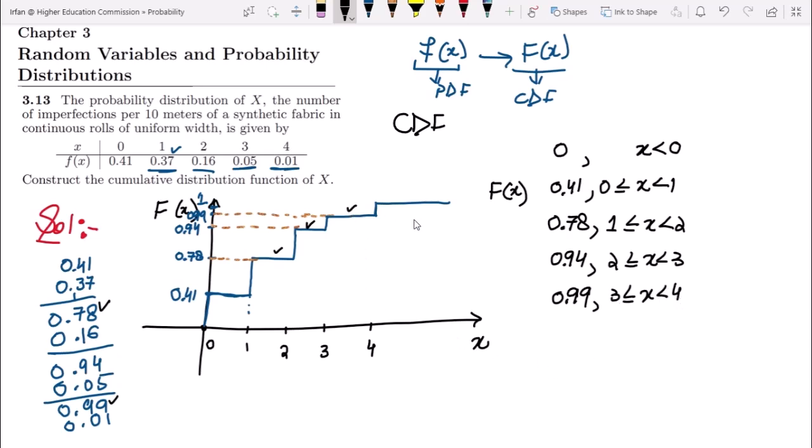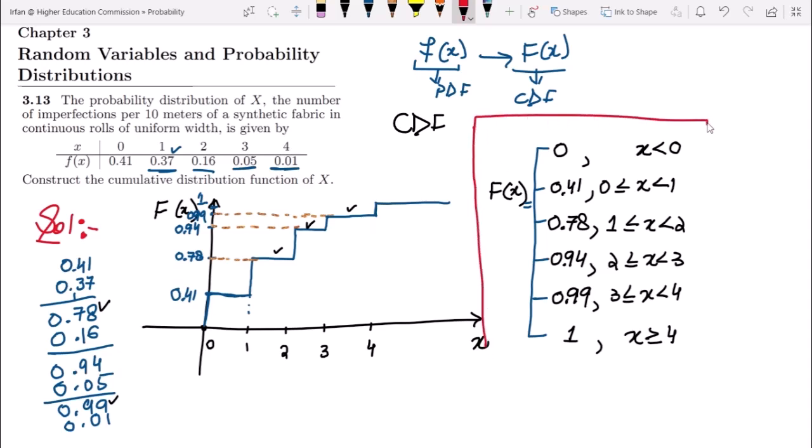Afterwards, when it reaches this point, which is 1 here, this will always be for x greater or equal to 4. So these are all the values for F of x, and this is the CDF of the question we were asked.